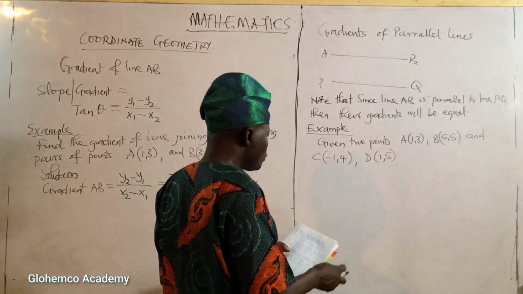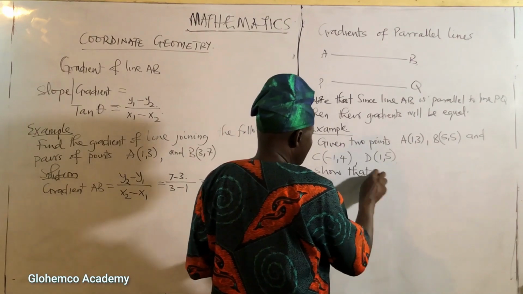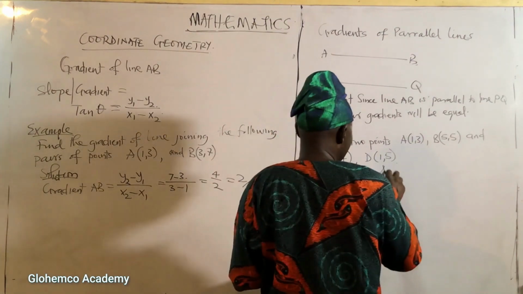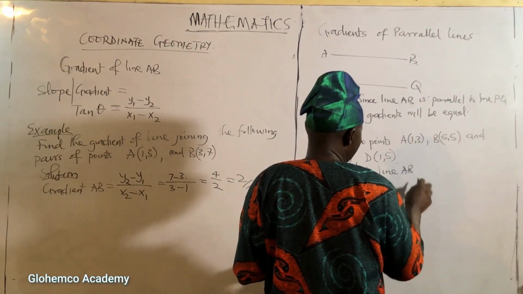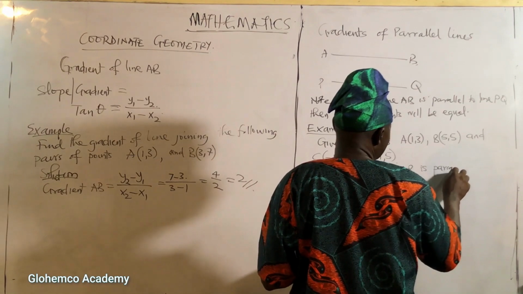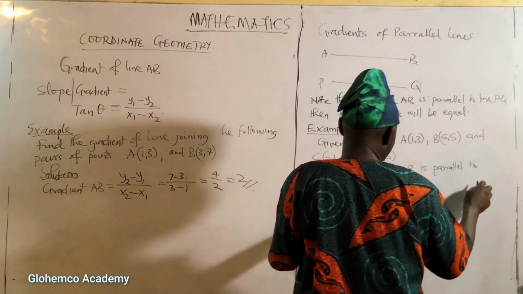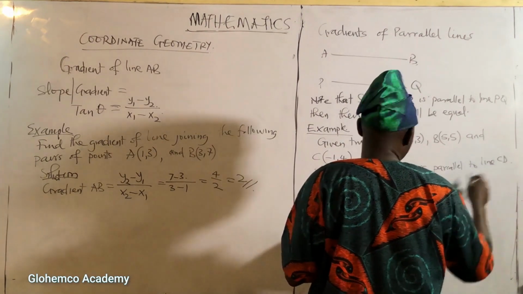The question now says show that line AB is parallel to line CD.